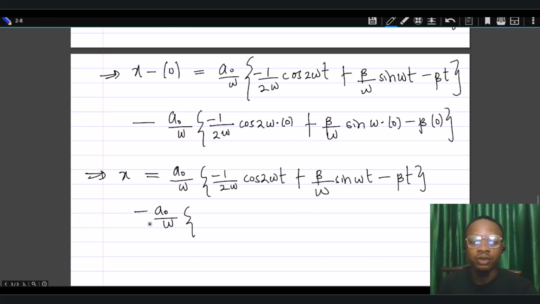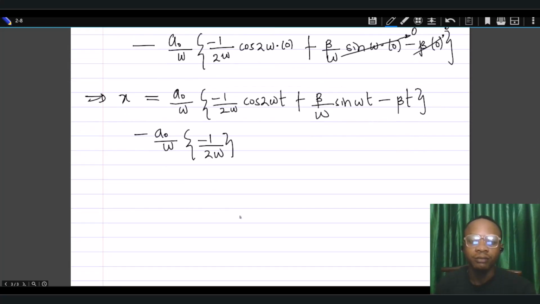We know that is 1. So basically this is minus 1 over 2 omega because this becomes 1. And then this is sine of 0. Sine of 0 is 0. So everything here goes to 0. Then this is beta times 0. Everything here goes to 0. Okay, so basically this is what we have for this part.